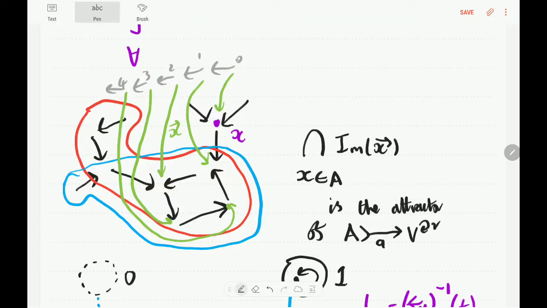So, as I say, there's probably an easier way to talk about the attractor of a subdynamical system.